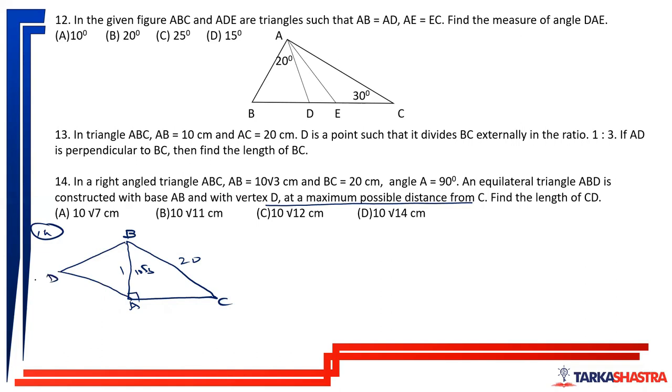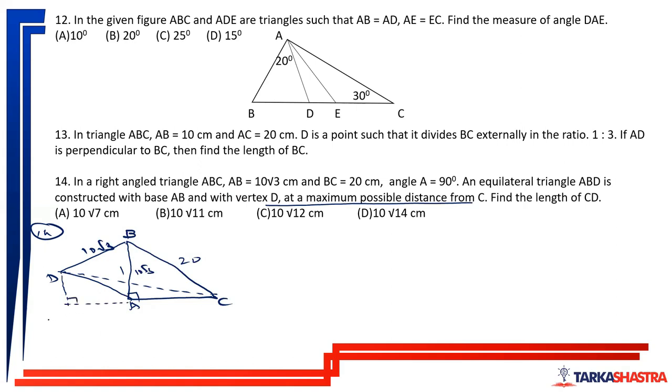Equilateral triangle ABD is constructed with base AB. So if this is 10 root 3, this is also 10 root 3, and the third side is also 10 root 3. Okay. And with vertex D at maximum possible distance from C, find the length of CD. Okay, this length is what they want. Okay, what I'll do, I'll construct a perpendicular from here.